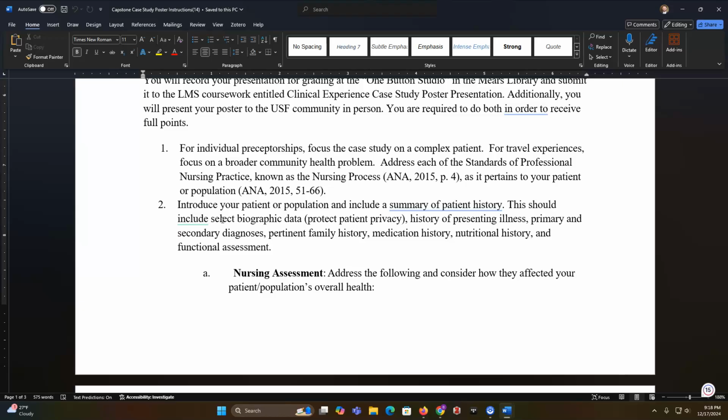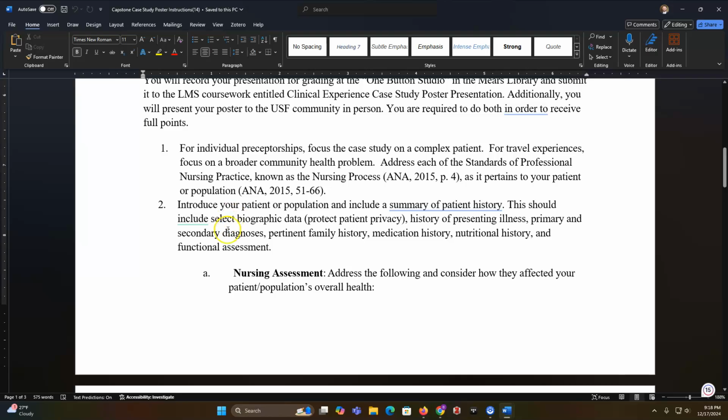You're going to say, I was on a pediatric unit in a Midwest hospital, and this is the patient that I saw. This patient came in, had these signs and symptoms, etc. But you're not giving names, you're not giving birth dates, you're not giving specifics that could identify this patient, including the town that they're from, or specific things about them.